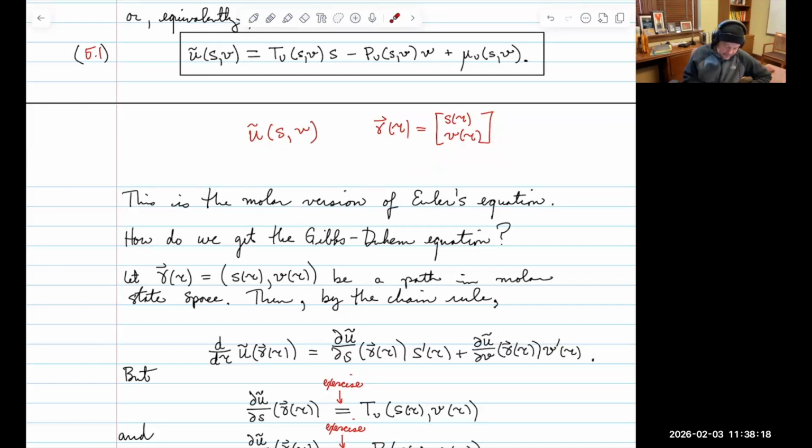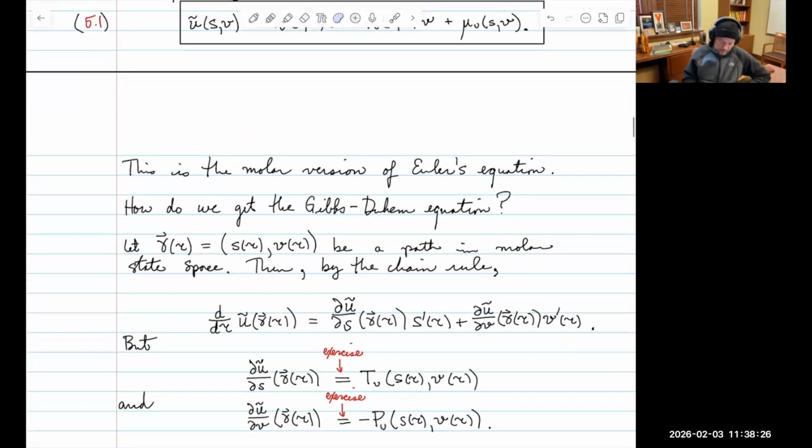Well, we know that this is a function of two variables, and so it's very easy to take the tau derivative of that. That just requires using the chain rule.